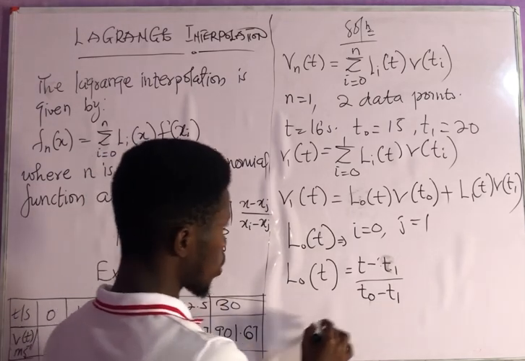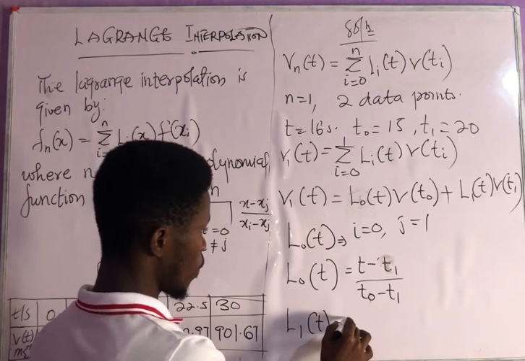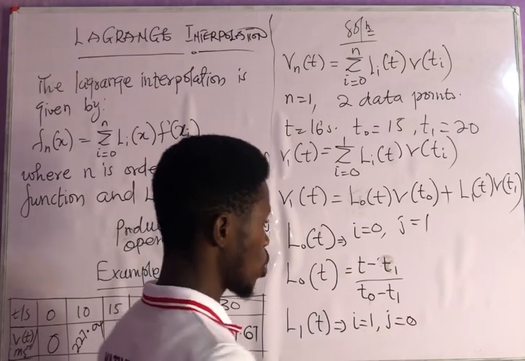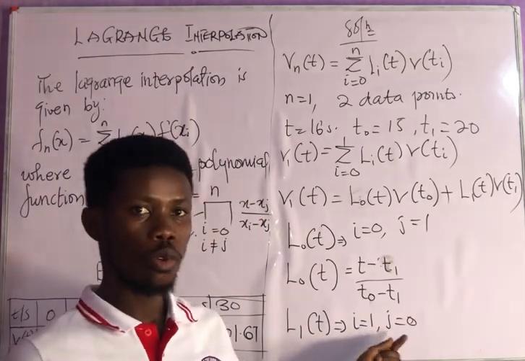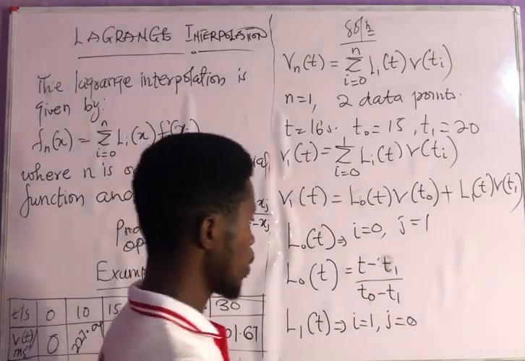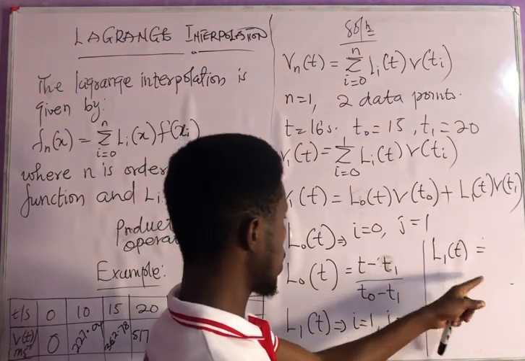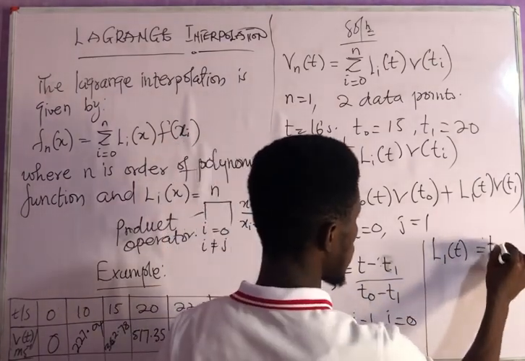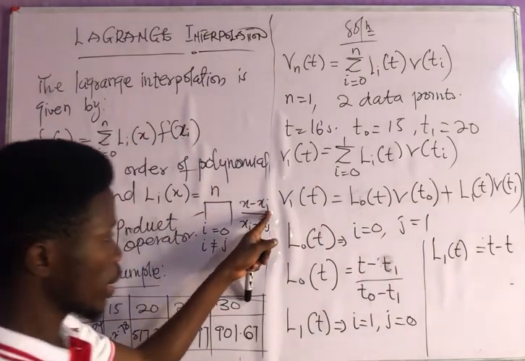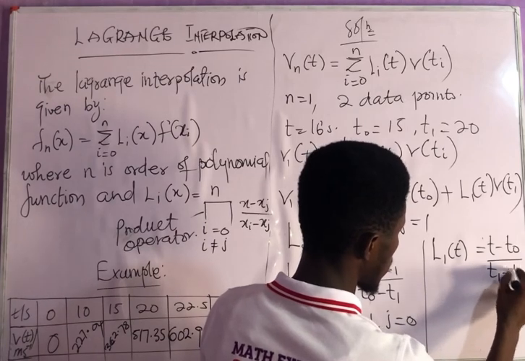Now, if we also consider L1 of t, that one gives us i equals 1. Then j will be 0, because i can never be equal to j. It means that our L1 of t is equal to t minus t0 over t1 minus t0.